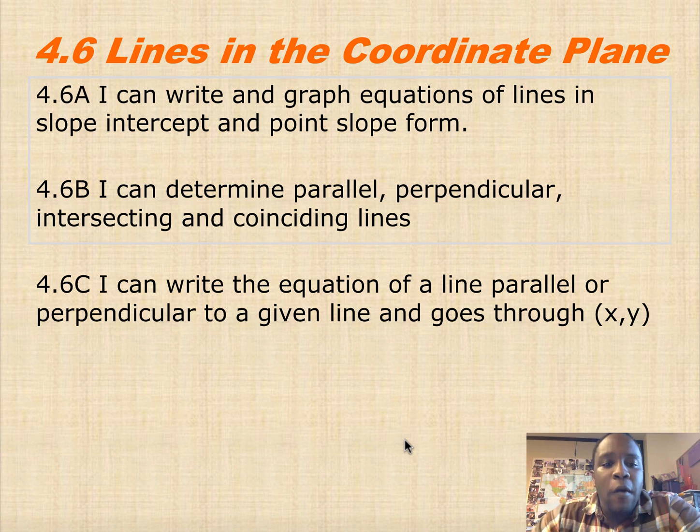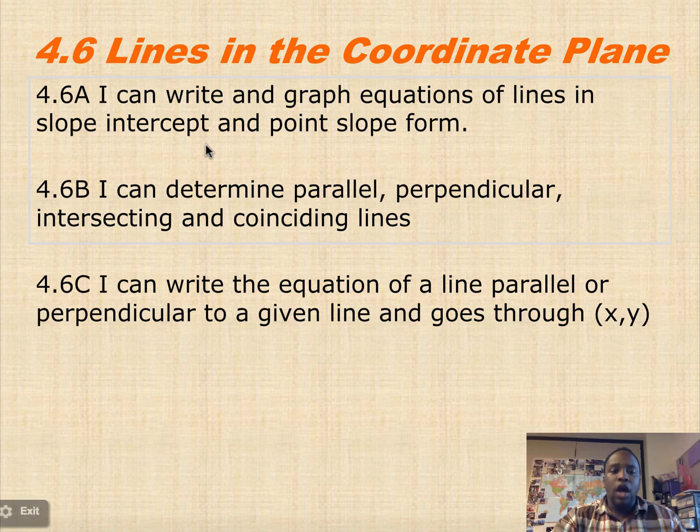Alright, so now we are looking at lines in the coordinate plane, continuing basically the discussion that we had prior. We basically looked at how I can write and graph equations of lines in slope intercept and point slope form. Now what we're going to do is determine if lines are parallel, perpendicular, intersecting, or coinciding, and also be able to write the equation of a line that is parallel or perpendicular to a given line that goes through a certain point.